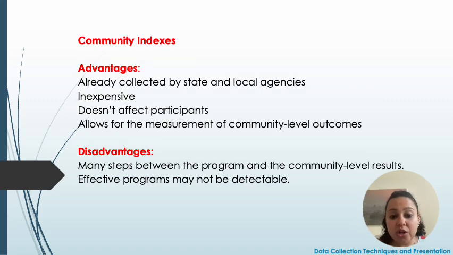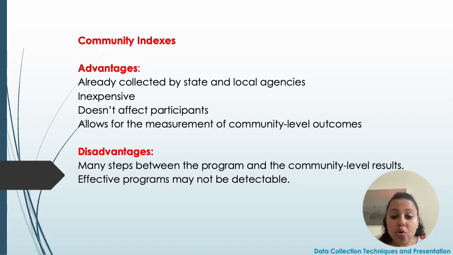And community indexes or indices, already collected by state and local agencies, so you can compare this. This is like the census. It is not expensive at all because this information is supposedly published by the government. It doesn't affect the participant because you will not ask them questions, you just will compare.